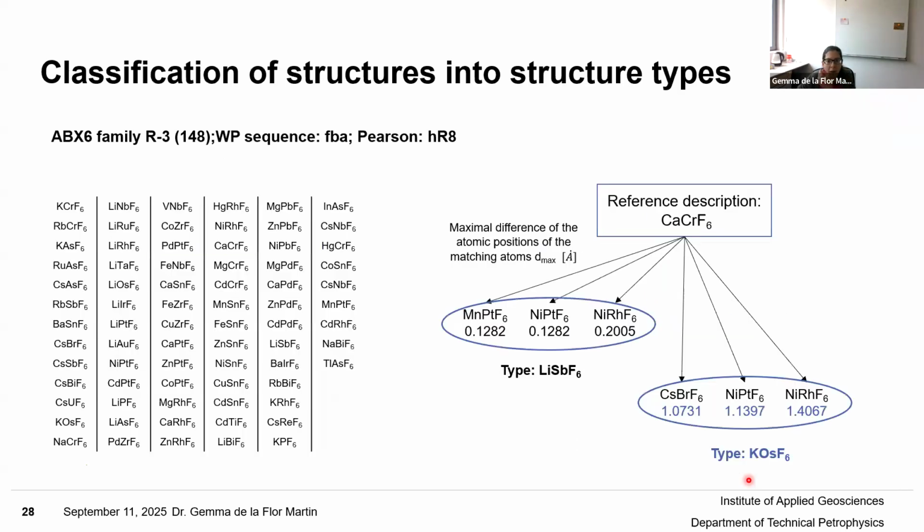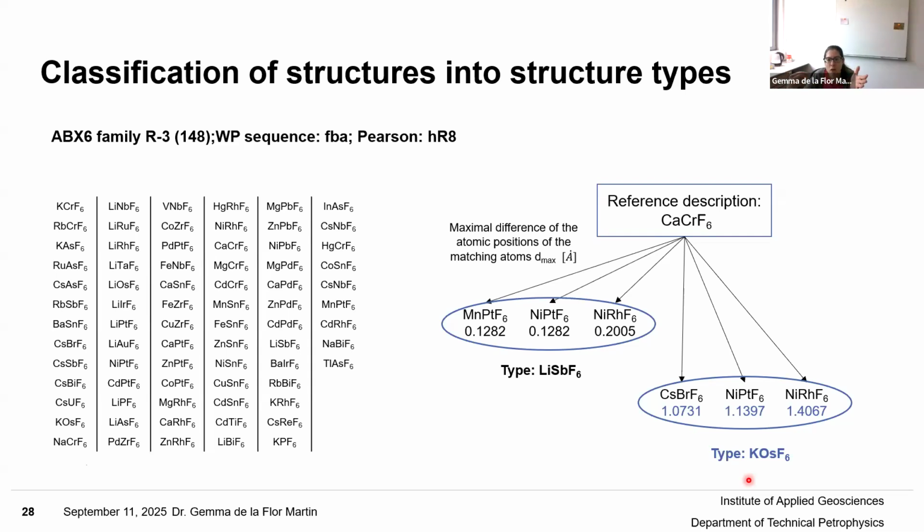So the program COMPSTRU can also be used for more complicated problems, such as the classification of isopointal structures into isoconfigurational structure types. A systematic comparison of isopointal structures with different compositions is required for the classification into isoconfigurational structure types, in order to recognize different compounds with identical or nearly identical atom arrangement, facilitating the prediction and understanding of the crystal properties.